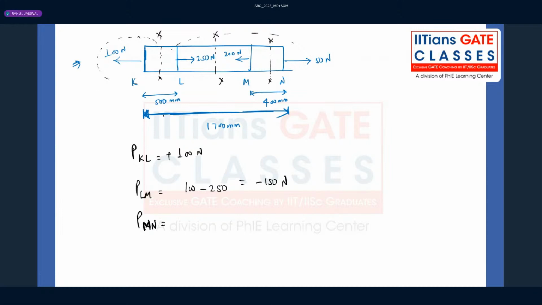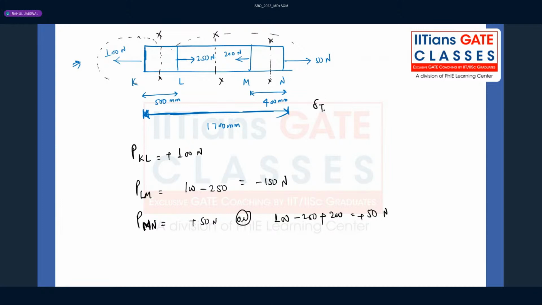Either from the right side it is plus 50 Newton, or if you want to calculate from the left side only, plus 100 minus 250 plus 200. Once again you get the same answer, that is plus 50 Newton.